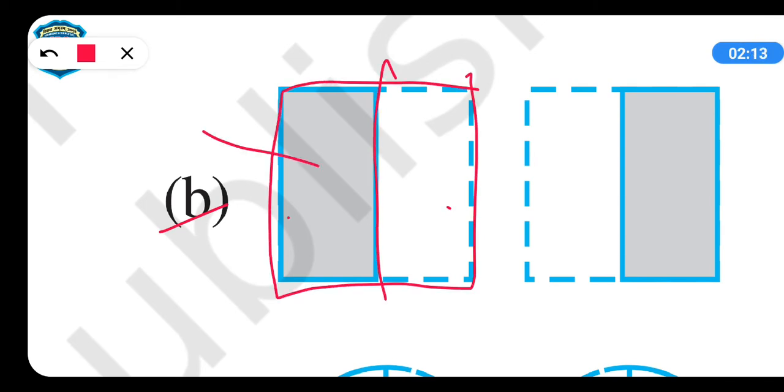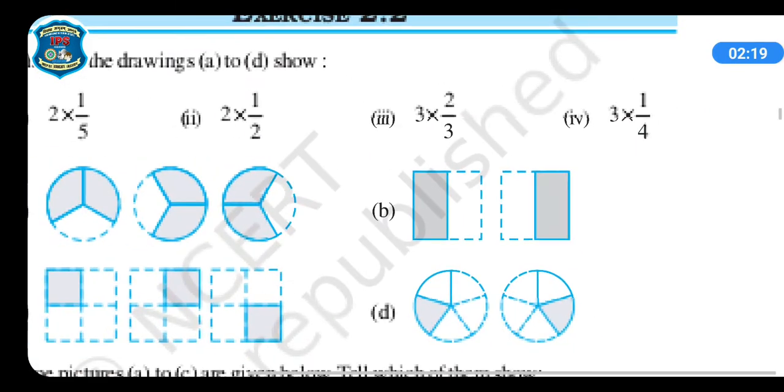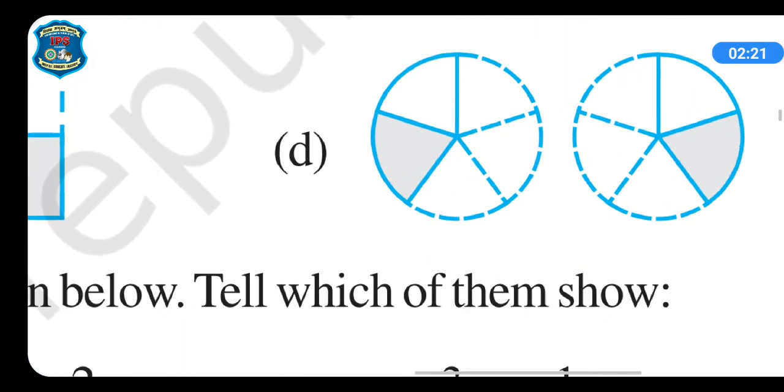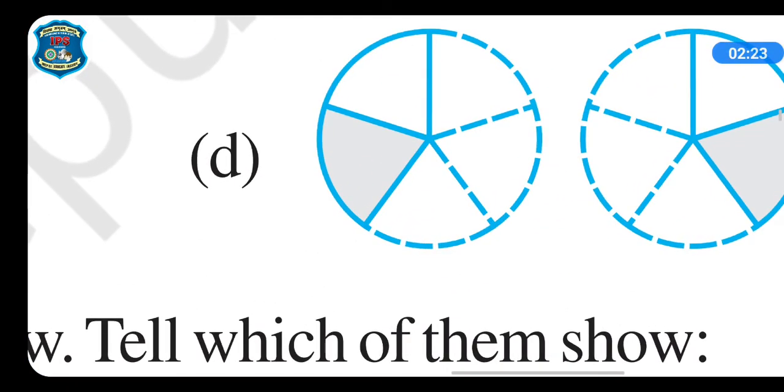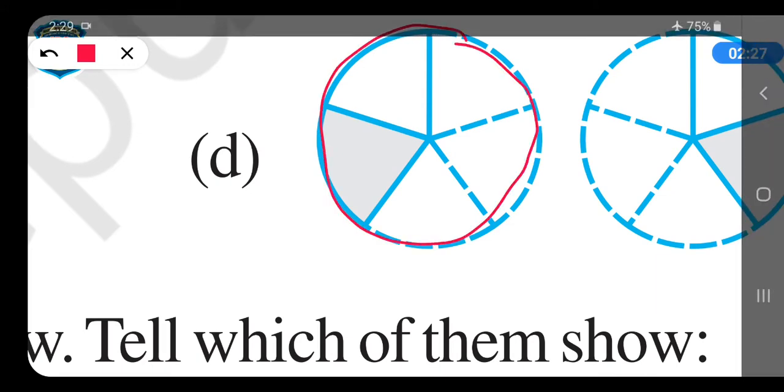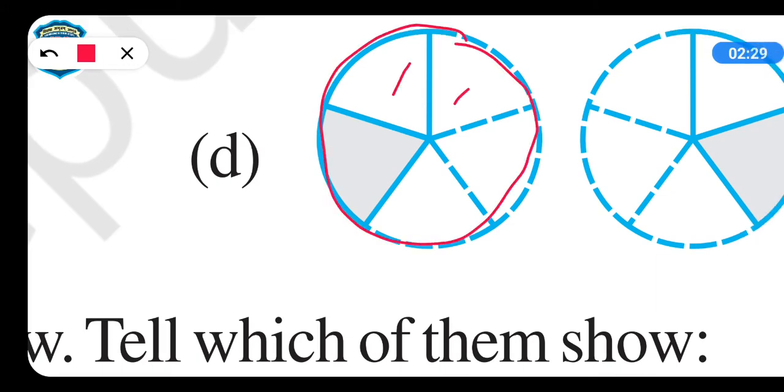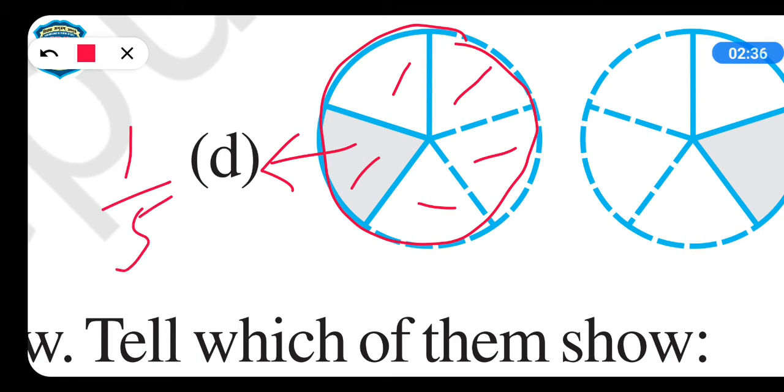So this is what, 1 upon 2. ये 1 upon 2 हुआ. Got it? See this D part. D part को देखिए. This one figure, one whole is divided into 1, 2, 3, 4, 5. So one part is what, 1 upon 5.